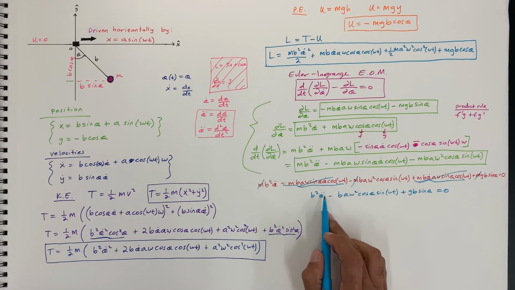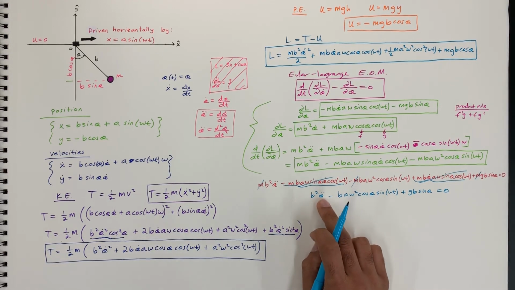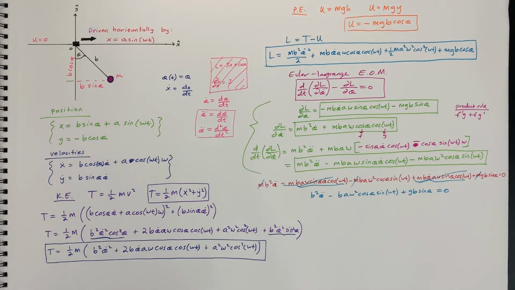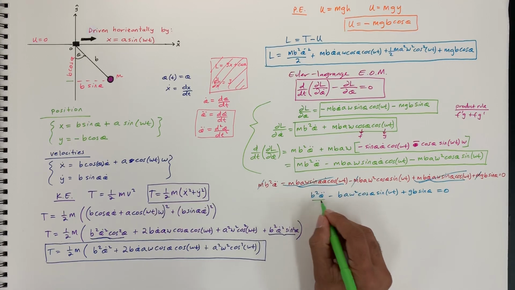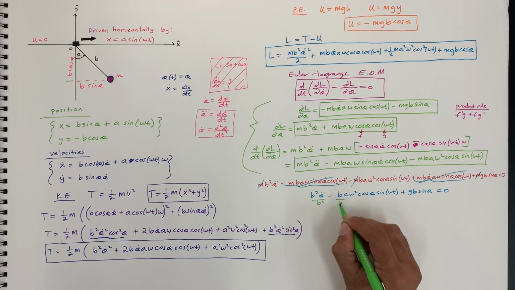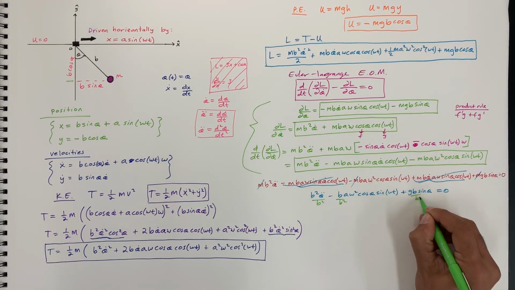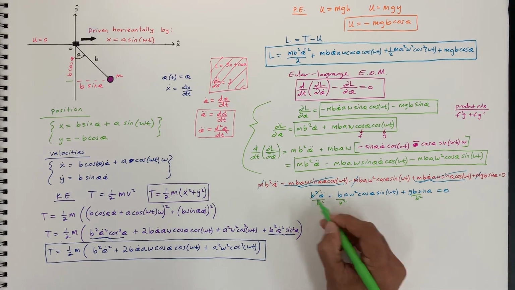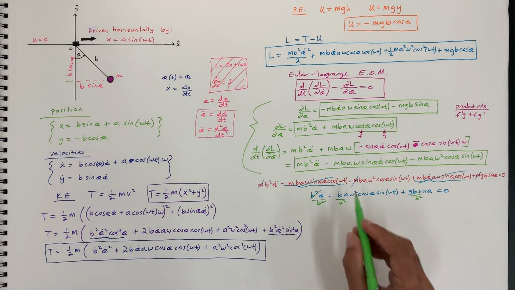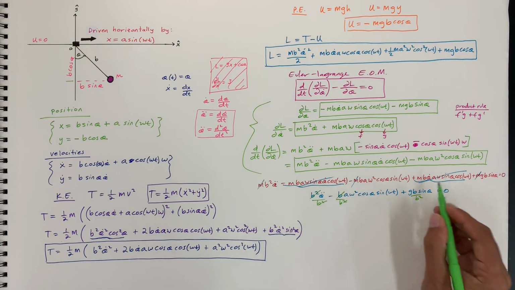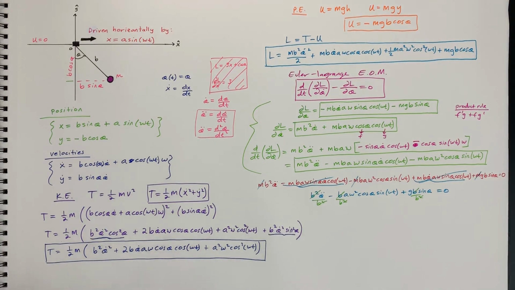We want to always leave theta double dot by itself. So let's divide everything by b squared. b squared and b squared here, so this goes away. We're left with one of them on the bottom, and again here.